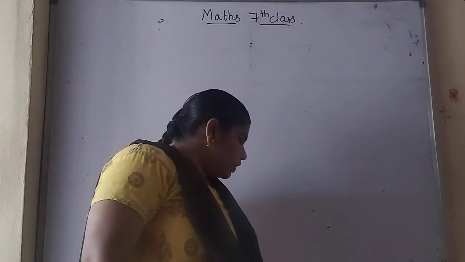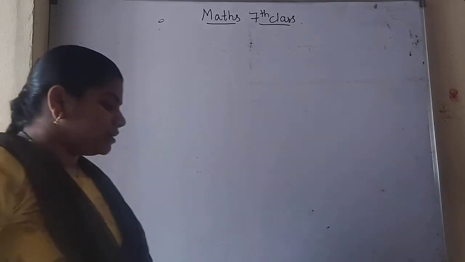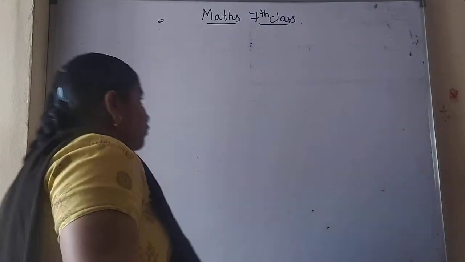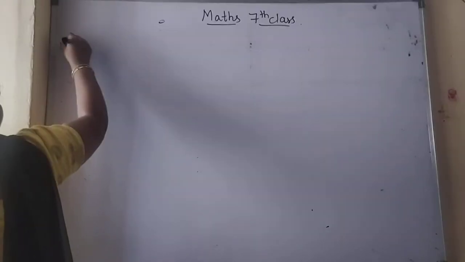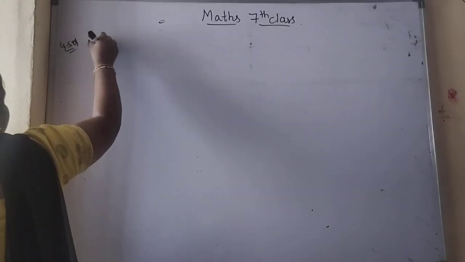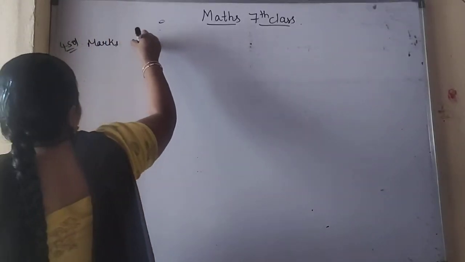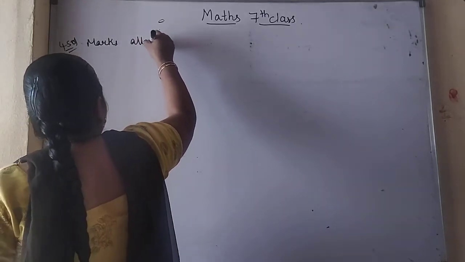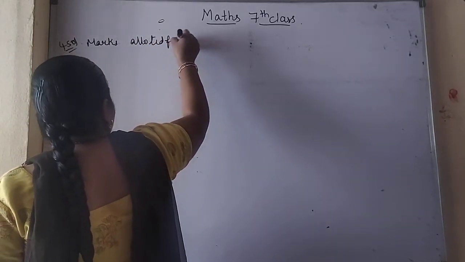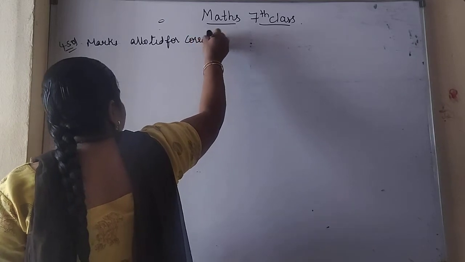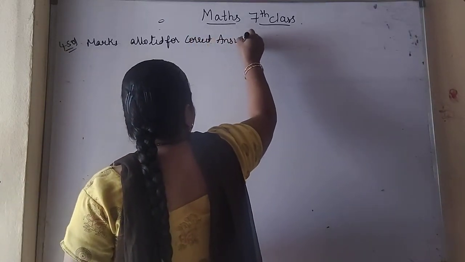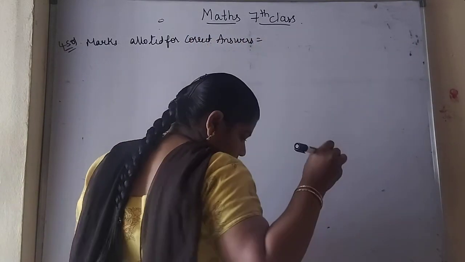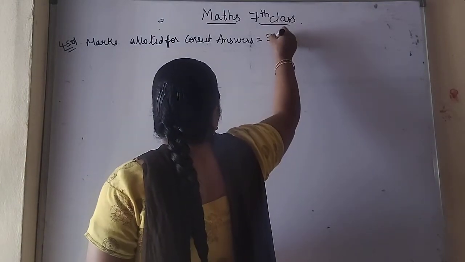So we have to find here incorrect questions. So what is the total number here? For every correct answer they are giving 3 marks. So first is marks allotted for correct answers. That is 3 marks.